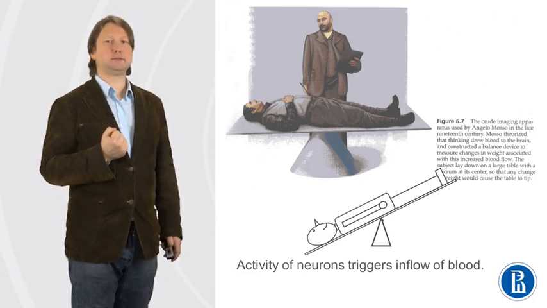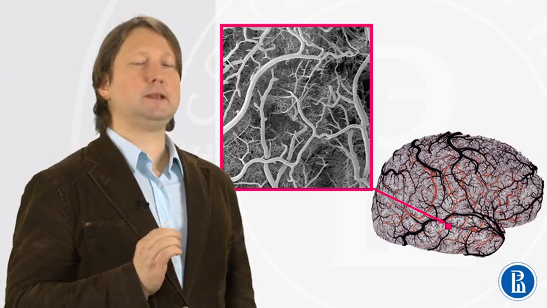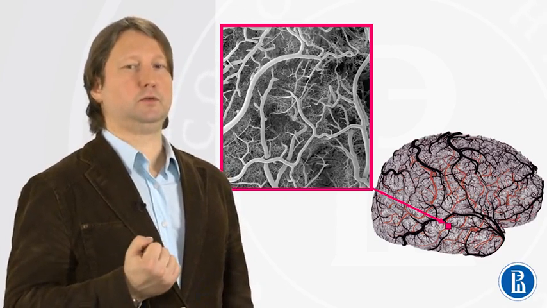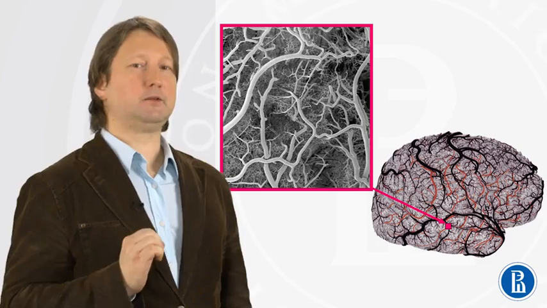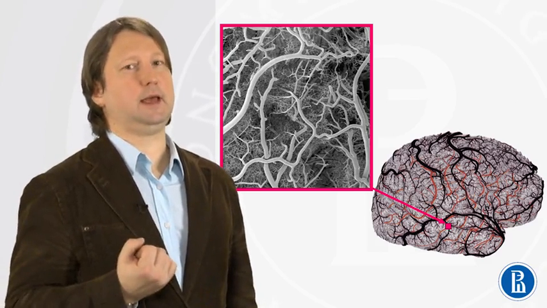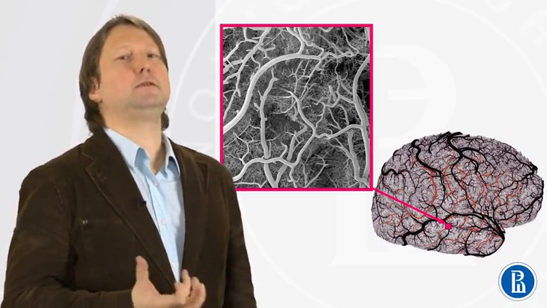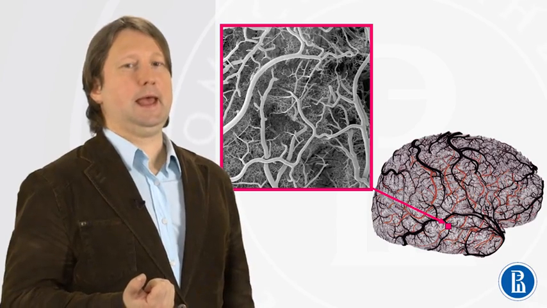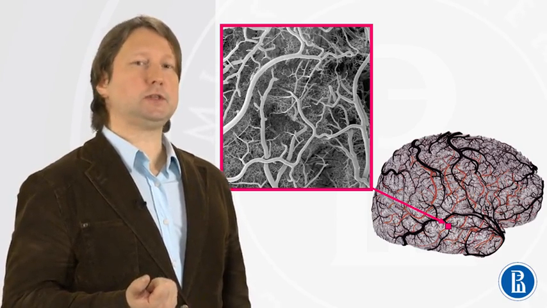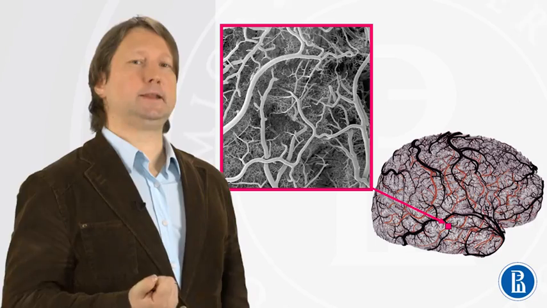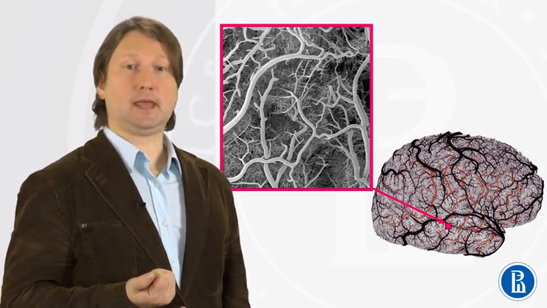Our brain is penetrated by blood vessels. These blood vessels bring oxygen to neurons. And whenever our neurons are active, it triggers an inflow of blood, an inflow of oxygenated hemoglobin, an inflow of energy to this region. This inflow of oxygenated hemoglobin changes the magnetic properties of the tissue and can be detected by the magnetic resonance imaging scanner.